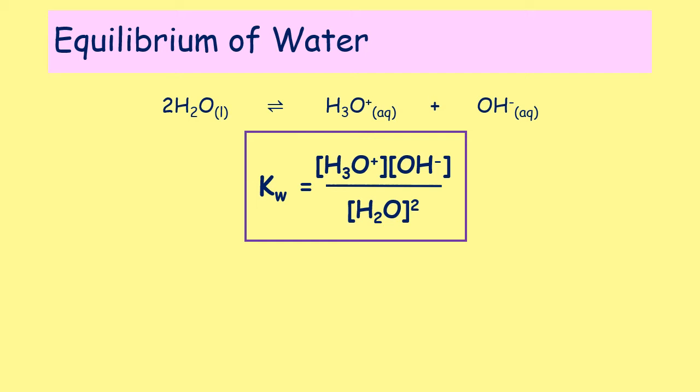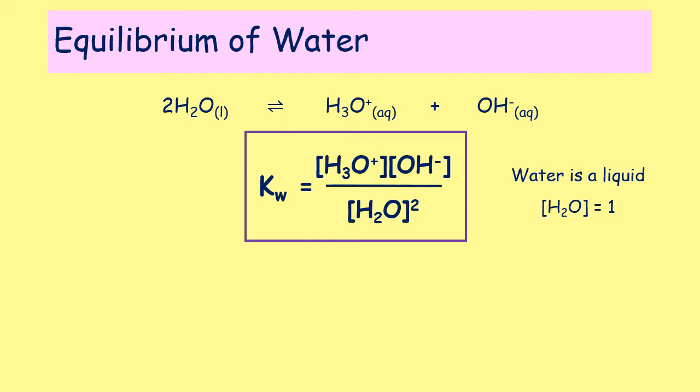But at this point, I'm hoping that some of you, if not all of you watching this video, would realize that there's something wrong with that equilibrium expression. The thing that's wrong is that water is a pure liquid, with the state symbol l. As such, the concentration of water gets simplified to 1.